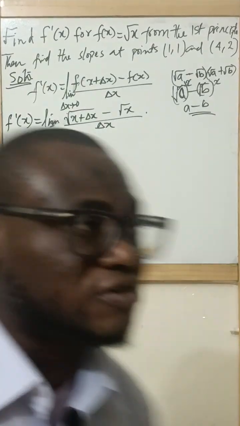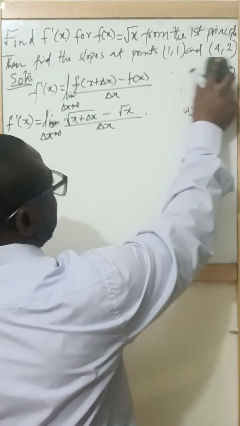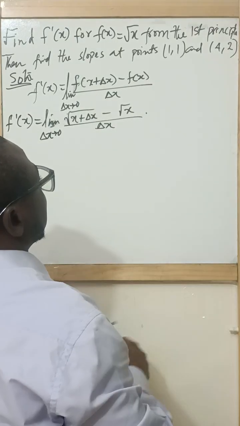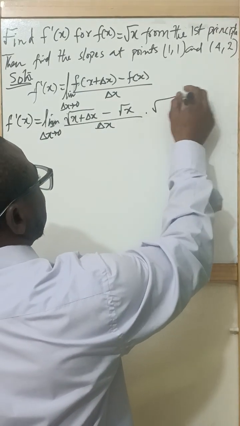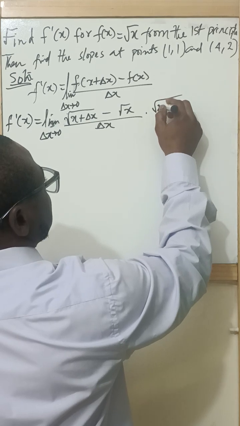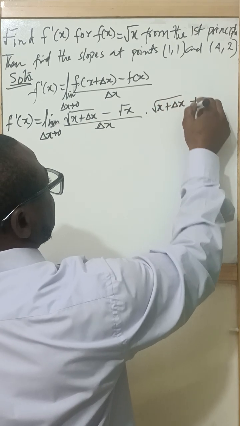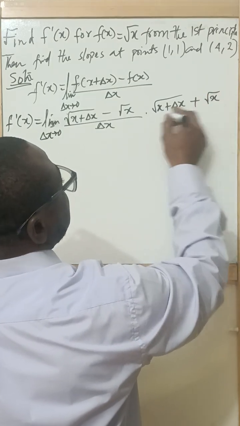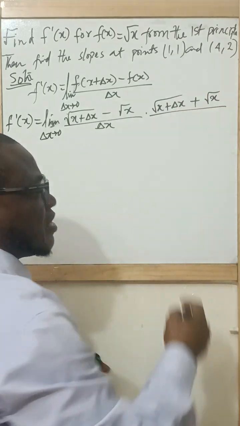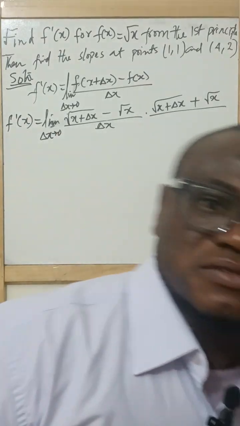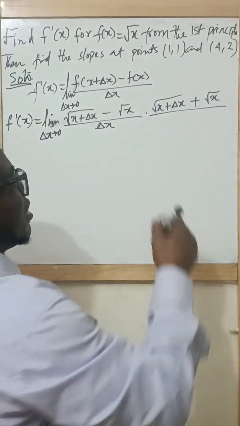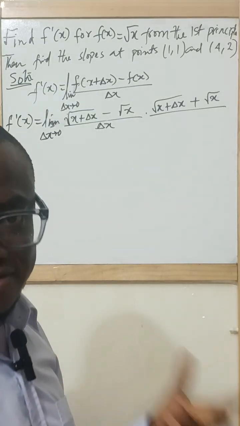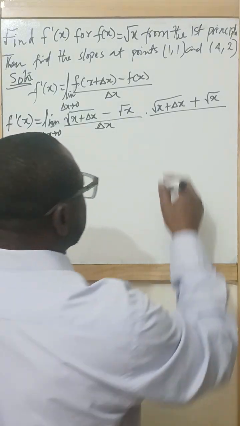So we multiply this by square root of x plus delta x, because this is minus, this is going to be plus. Then we divide by the same thing, because we are introducing this into the system and we have to neutralize it.